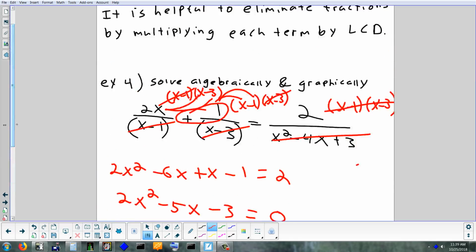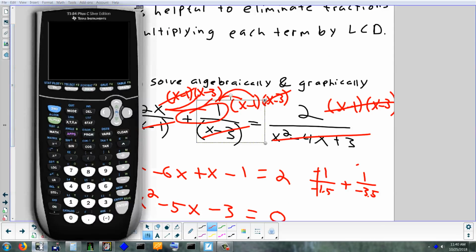If you plug in negative a half, you get 2 times negative a half is negative 1. Negative a half minus 1 is negative 1.5. Negatives cancel. Plus 1 over, what's negative a half minus 3? Negative 3.5. So 1 over negative 3.5. I'll check what that comes out to.